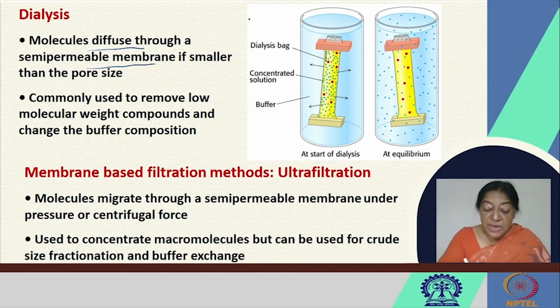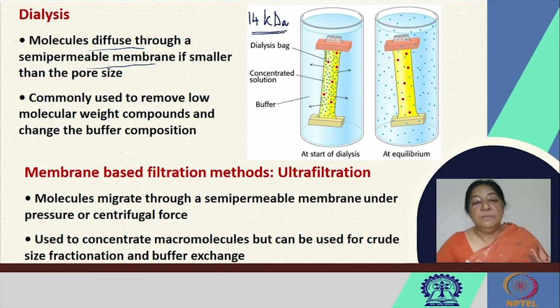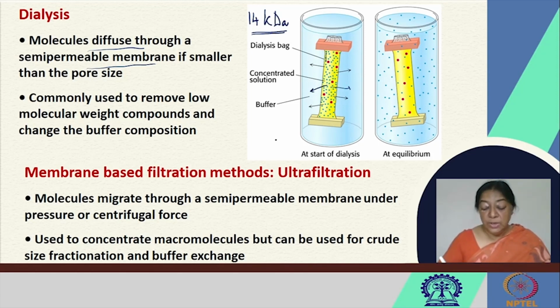For example, if we have a molecular weight cutoff of 14 kilodalton, this means that any molecule with a molecular weight less than 14 kilodalton is going to easily pass through. So we have the buffer solution kept outside, and a dialysis bag dipped in the buffer.